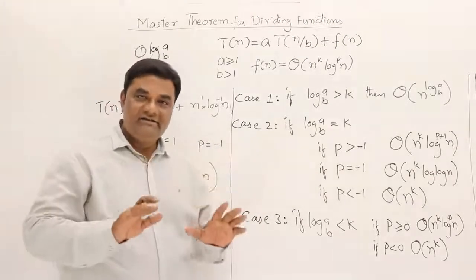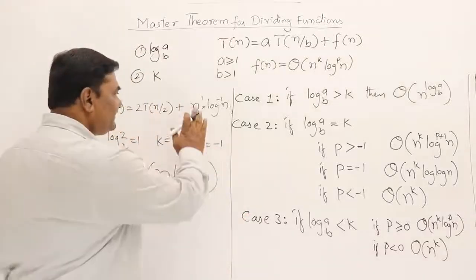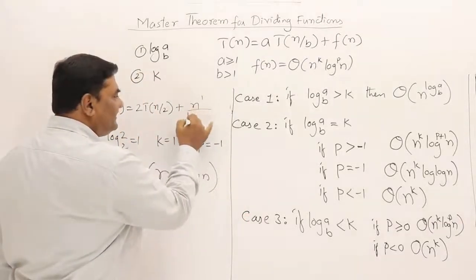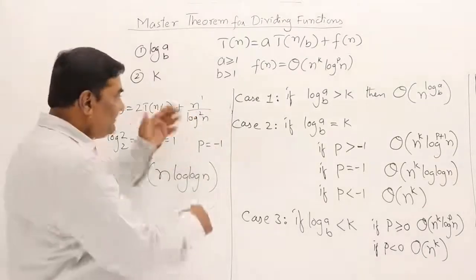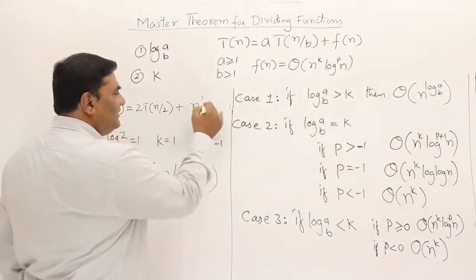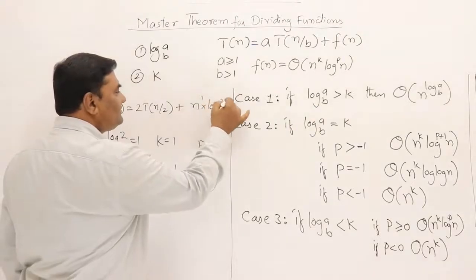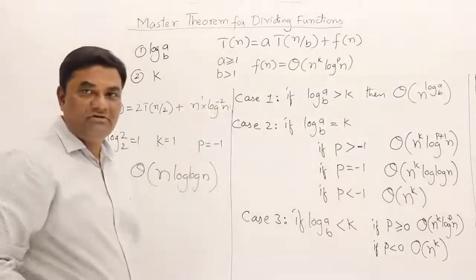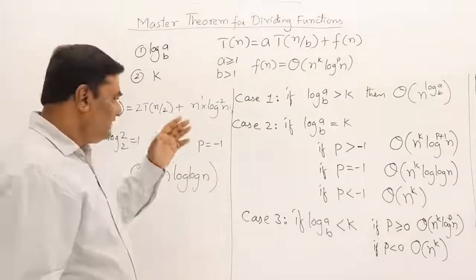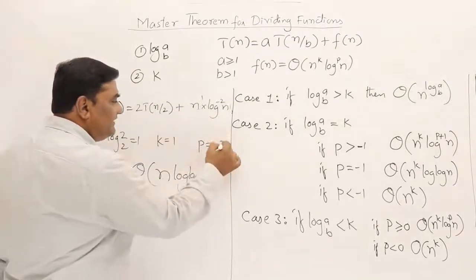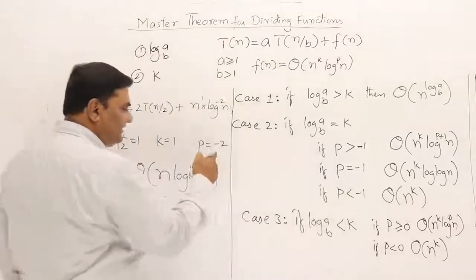And even in the same situation, if the denominator is log square n, then this will be into log minus 2 n. So this will be too small. Minus 2, right? Then in this case p is less than minus 1.